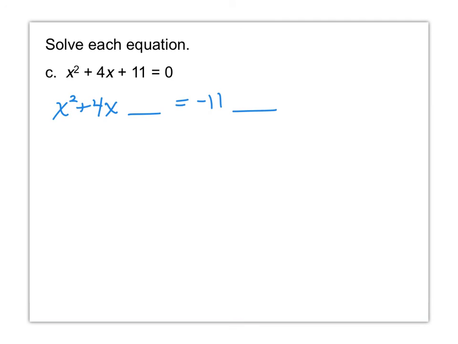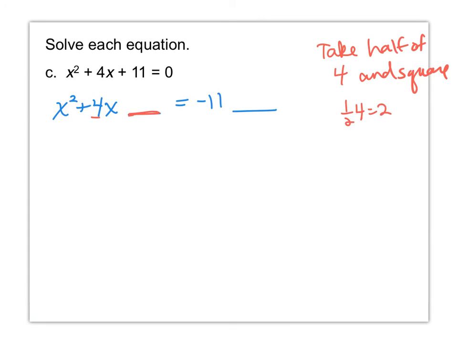Now that it's ready to use the method of completing the square, I want to take half of that linear coefficient, taking half of 4 and squaring it. Half of 4 is equal to 2, and then 2 squared is equal to 4.